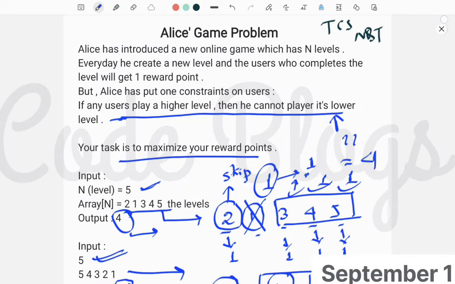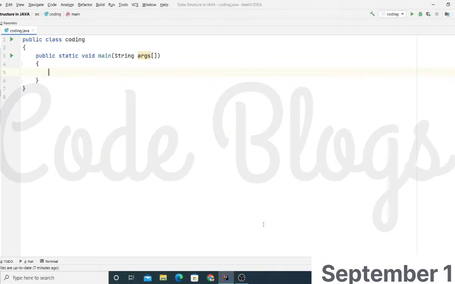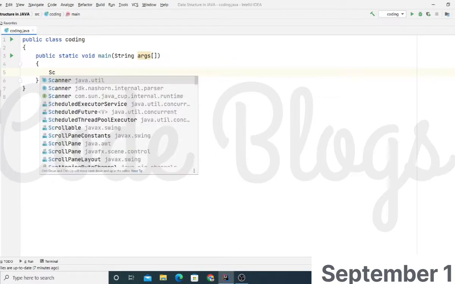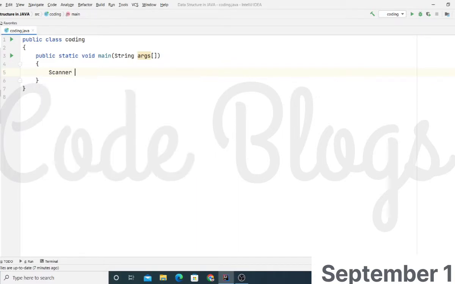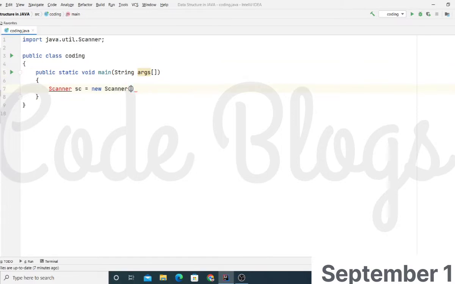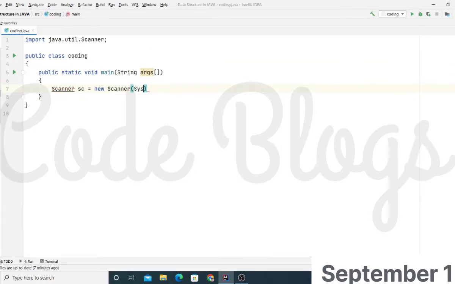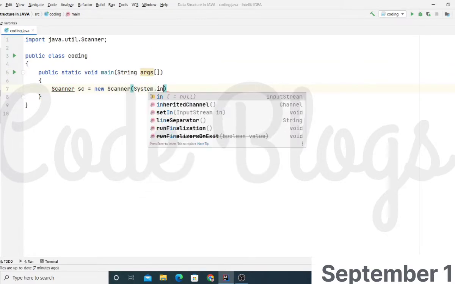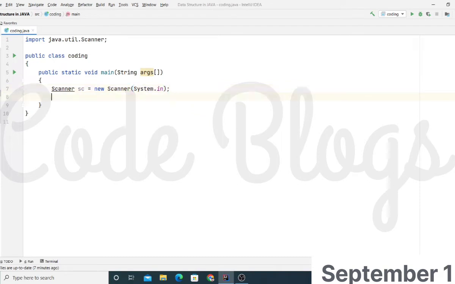Now coming to the coding part. First of all I have to take a scanner to take user input. Now I have to take the integer n is equal to sc dot nextInt.